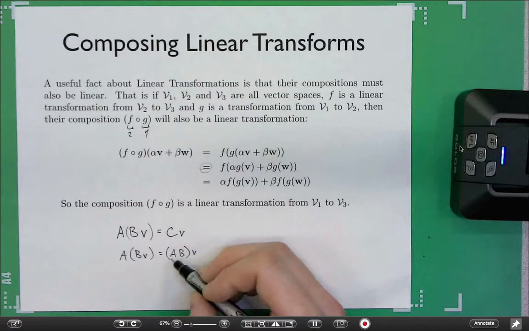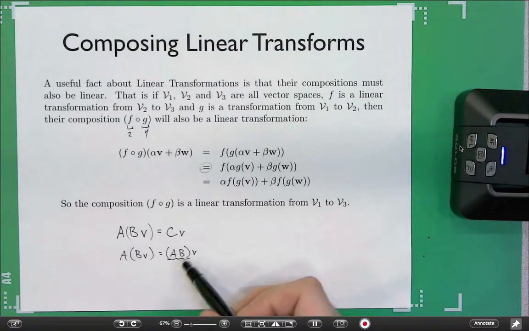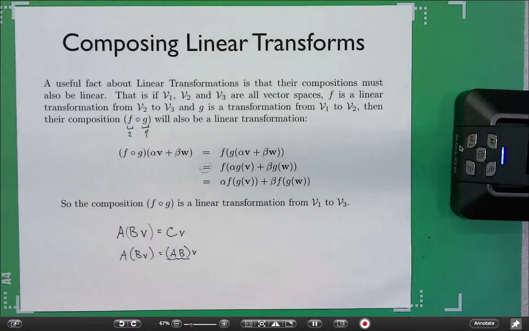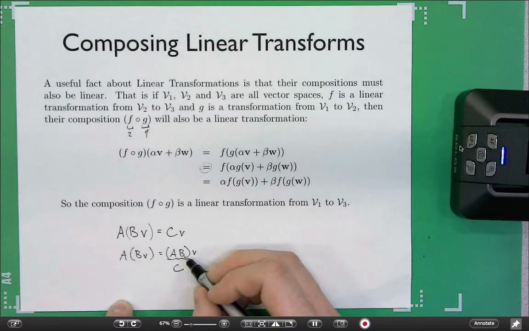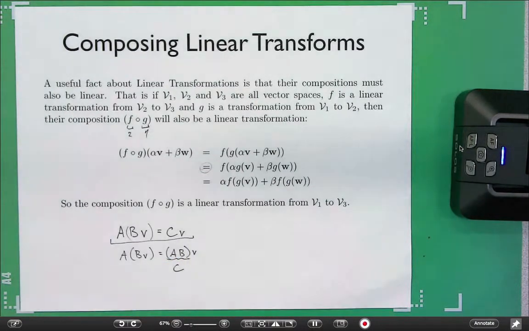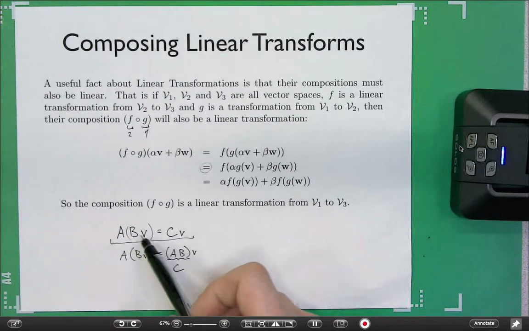Now the problem is that we don't really know what this means, because we haven't discussed the composition of two matrices yet, so I'm going to discuss it right now. That's matrix multiplication. I can define the matrix C as the matrix multiplication of A and B, so that C is the matrix corresponding to the composition of the linear transformations A and B.